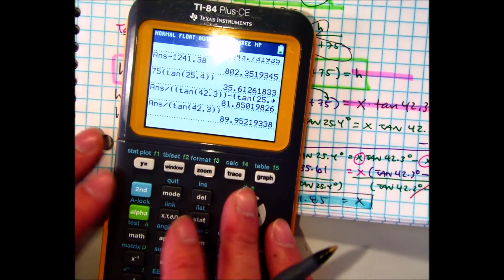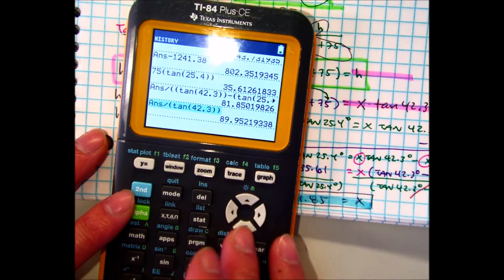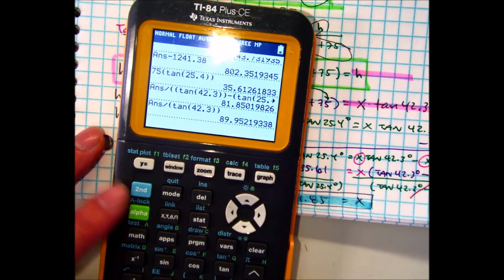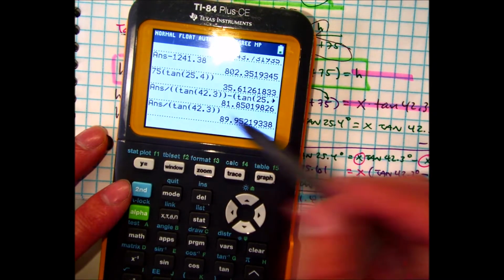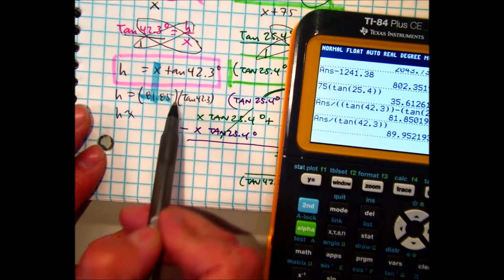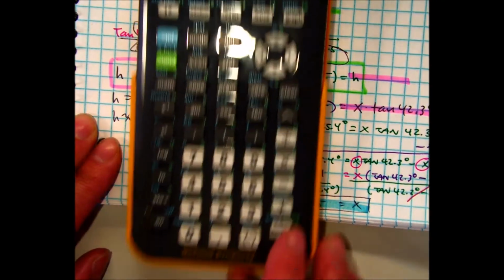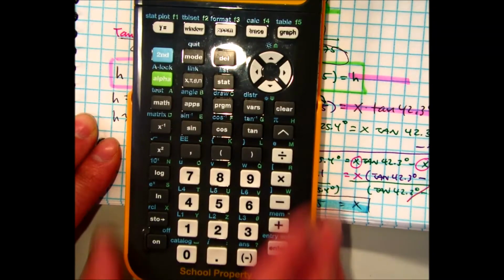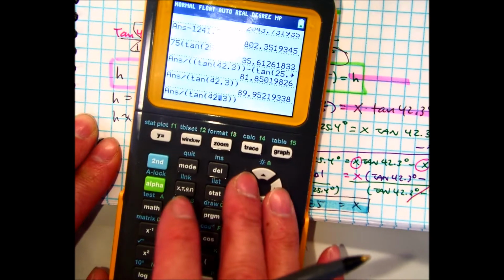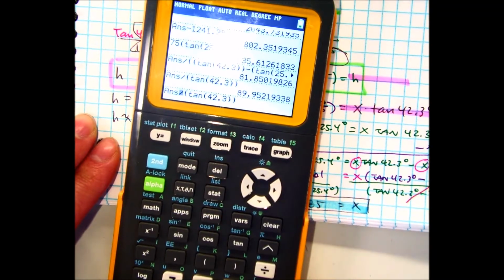Let's go back. Watch what I can do. So this is incorrect because I did division and we needed multiplication, so I can just press second enter and my answer pops up again, but then I can go back and actually edit my command.